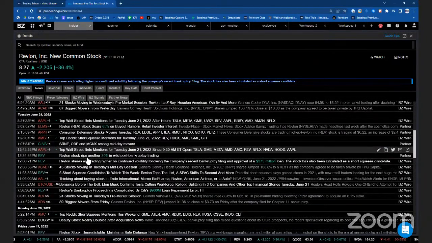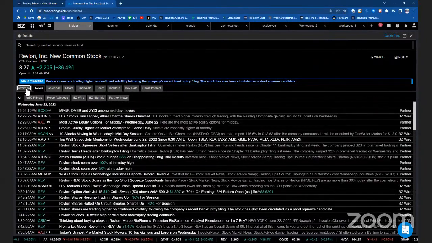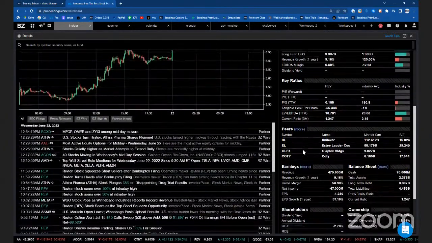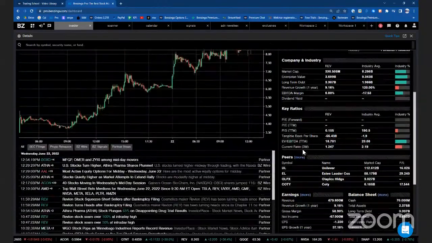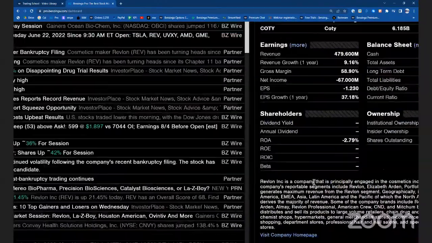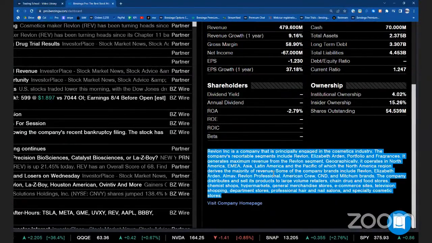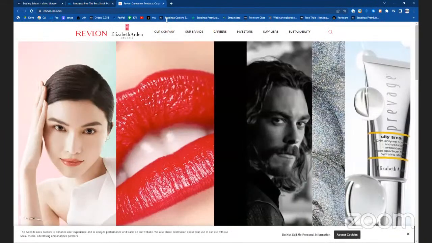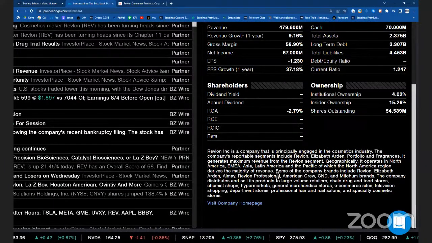But all right, so this is where you can find all the news, right? If you want to look at the overview, keep in mind, you can literally just look at all the stuff here: peers, earnings, and also what the company does. If you're trading something, this is a very quick summary for traders. It helps me a lot. And you see where it describes the website.